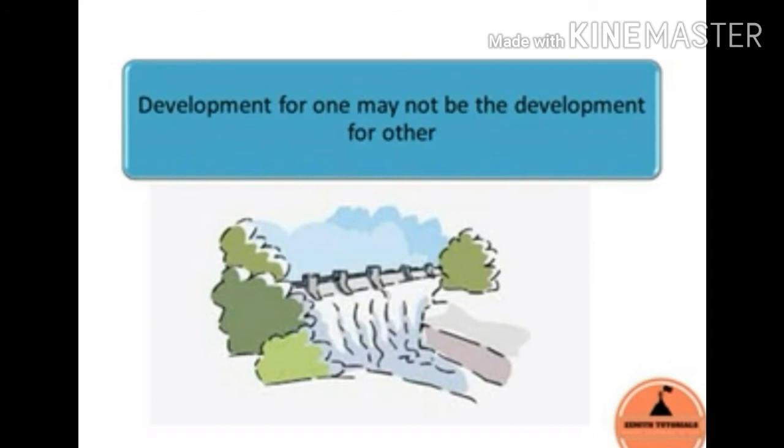Hence, we also see our second characteristic. On one side it is development, but on another side another group of people, like the tribal people and poor people, face different challenges due to the construction of the dam.